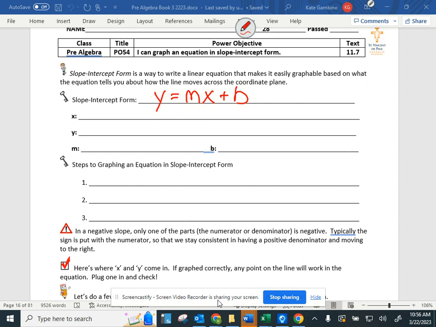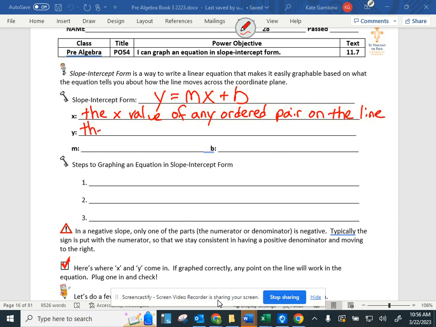So the x is the x value of any ordered pair on the line. Can you guess what the y is? Same thing, but like y.